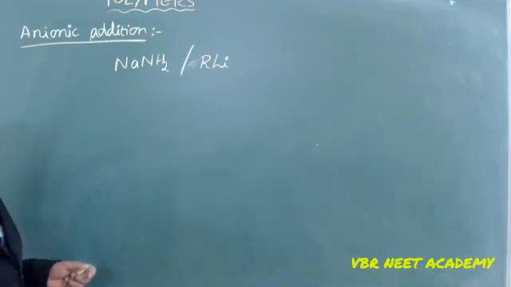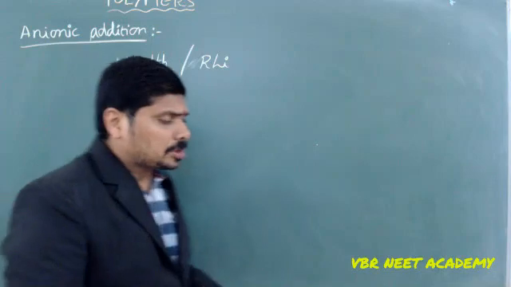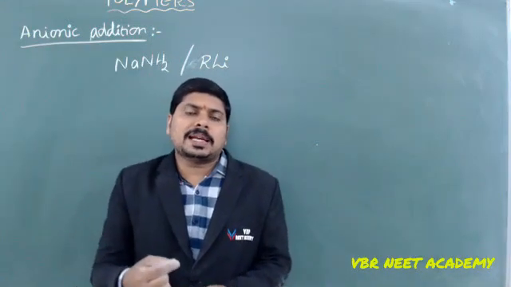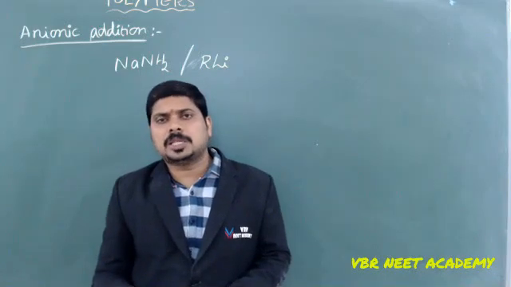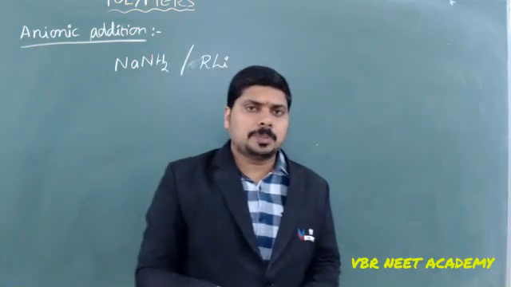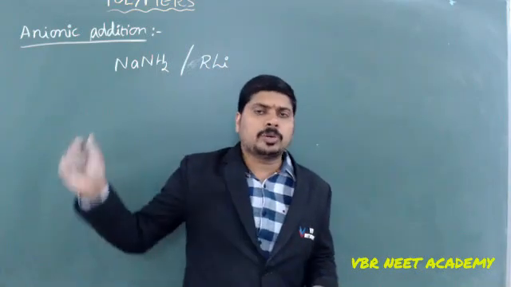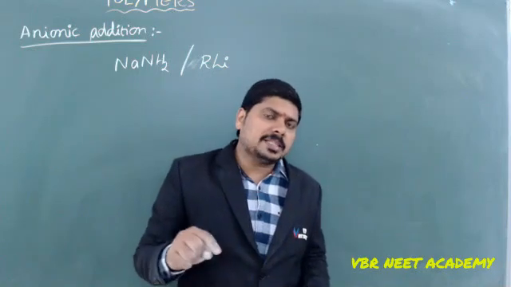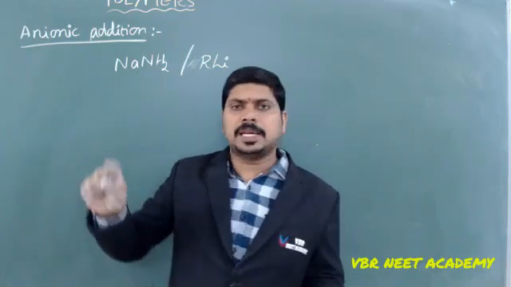Here also we are going to have polyvinyl compounds, but with a more electronegative atom. Say for example CH2 double bond CHCl. The Cl is a more electron withdrawing group. So in that case we are going to have anionic polymerization. Or you can have vinyl cyanide, CH2 double bond CHCN.